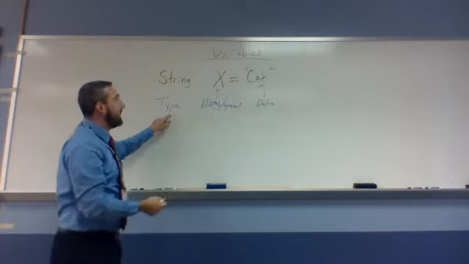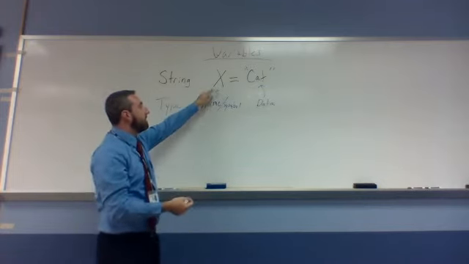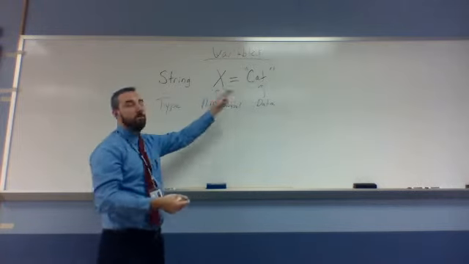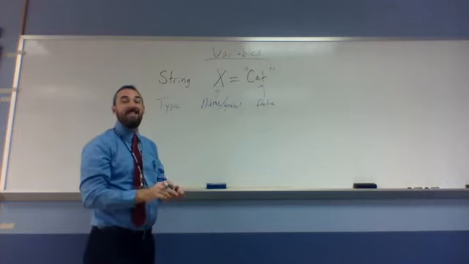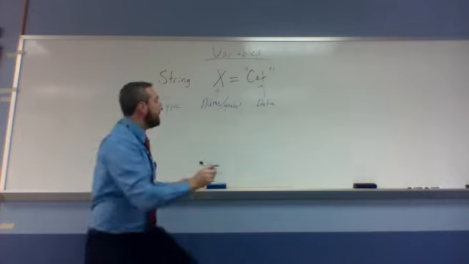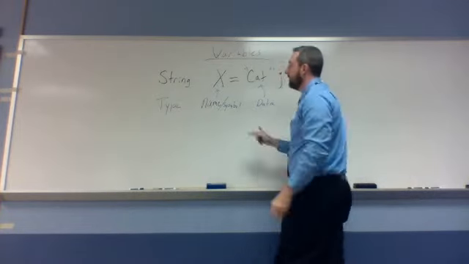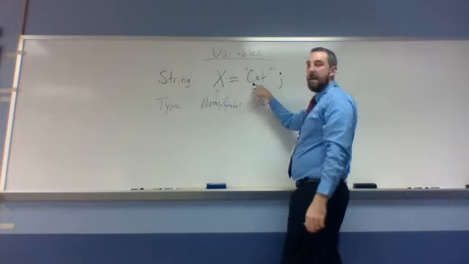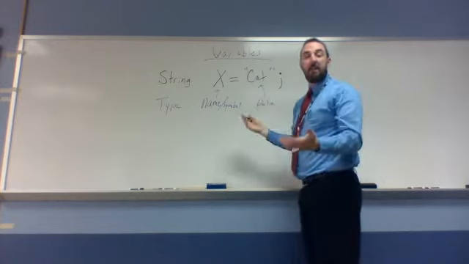So the type of information is a string, the name we're giving it is x, and the value or the data is cat. Now this is almost a complete line of code, but if we wanted to be syntactically correct, we would need to throw, at least in the Java language, a semicolon at the end of it. There's a string called x that has the value cat. Period. That's really a semicolon, but that's the end of the sentence.